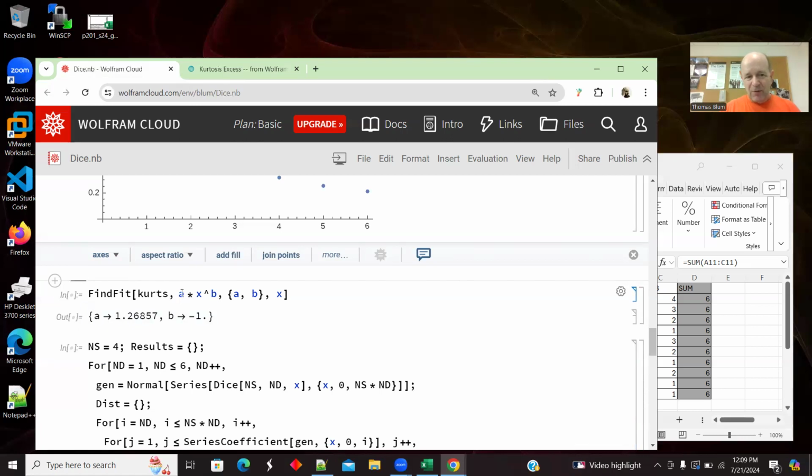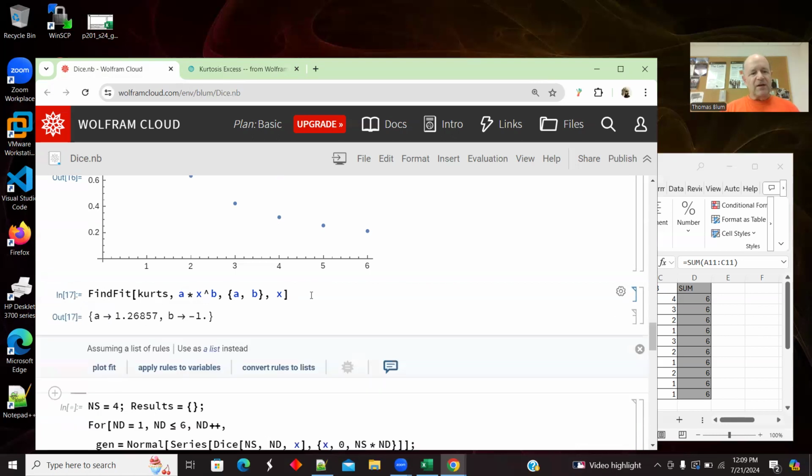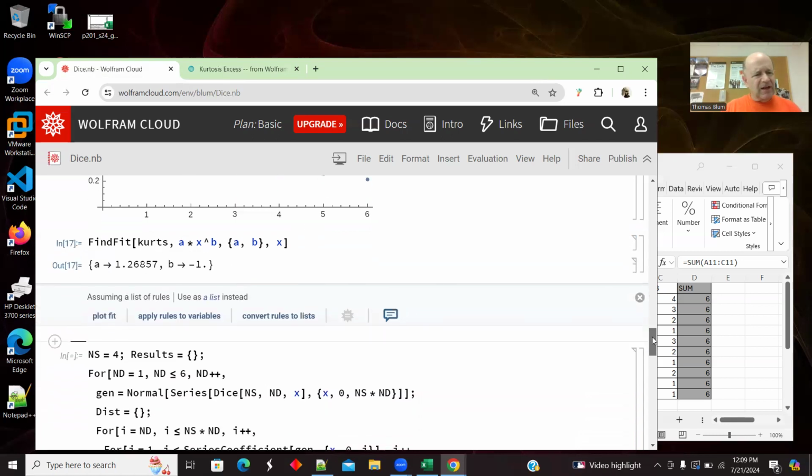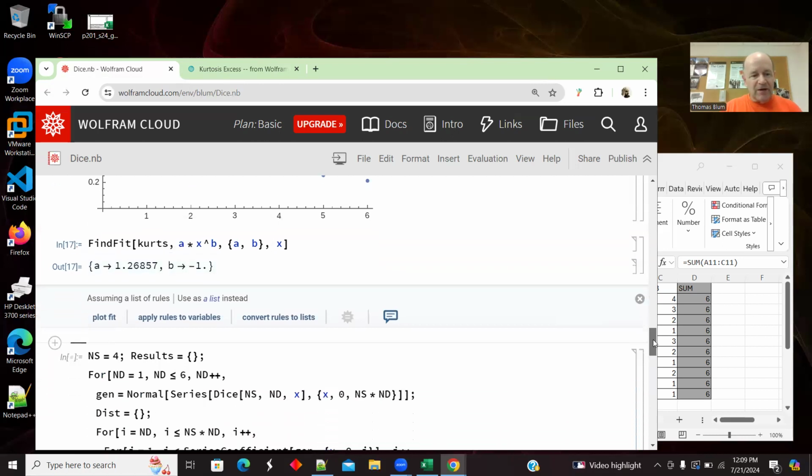So I have this power law behavior, a times x raised to the b. I'm going to use a and b as fitting parameters, x as a variable, and I'm going to fit that. Okay, and I did not plot that. We'll see in the end that that's quite accurate, because I went and did.